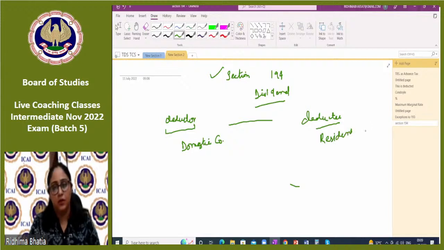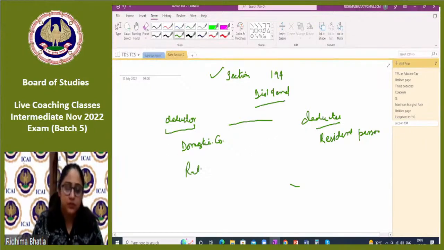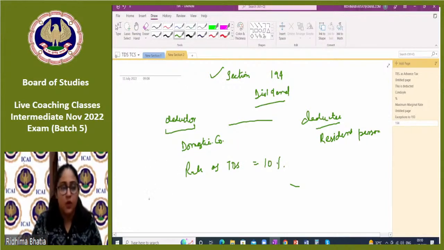Only resident person. Domestic company, resident person. What is the rate of TDS? 10%. What is the time of deduction? At the time of payment. Here it is at the time of payment.